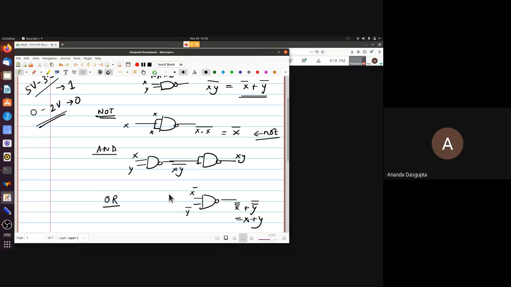The question is, how do you get the x bar using NAND only? The answer is simple. We know how to produce a NOT gate using NAND only. That's the first thing we talked about a while ago. And so just by making a NAND gate using two NOT gates to give you x bar and y bar, and these NOT gates are also made out of NANDs, so 3 NANDs can give you an OR.